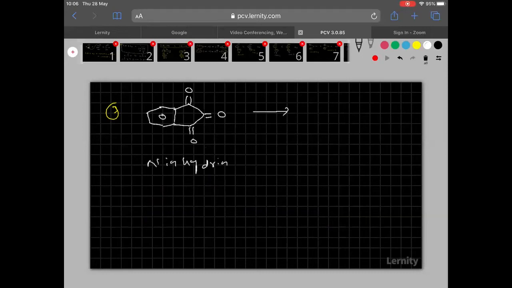So this one, when treated with water in presence of dry HCl. Can you tell me, here 3 C double bond O groups are there? You see 1, 2, 3. Out of the 3, which C double bonded O will react with water? All the 3 will react, or any 2 will react?